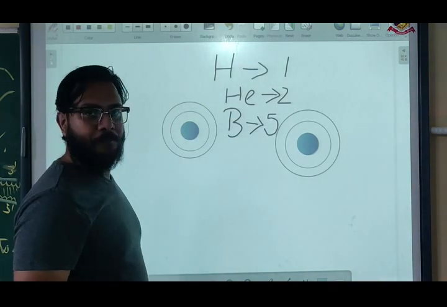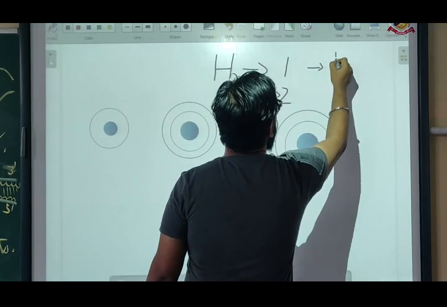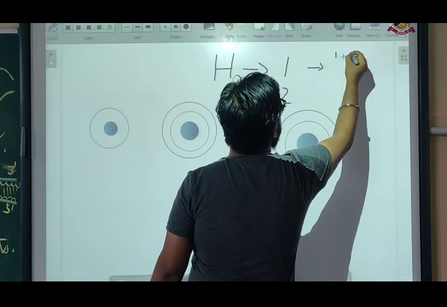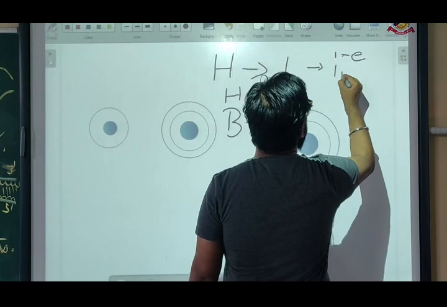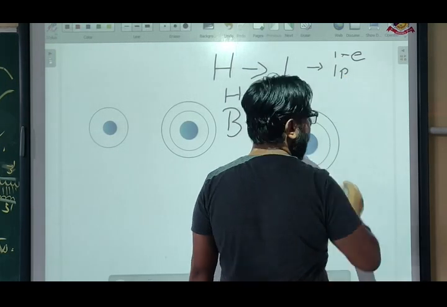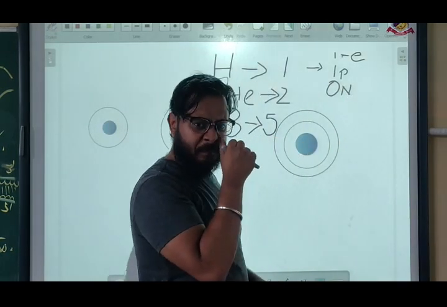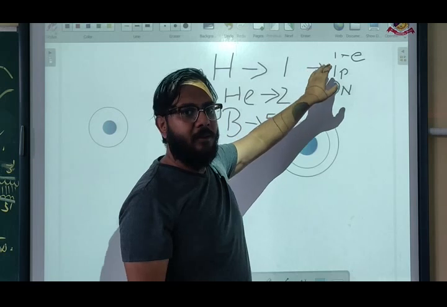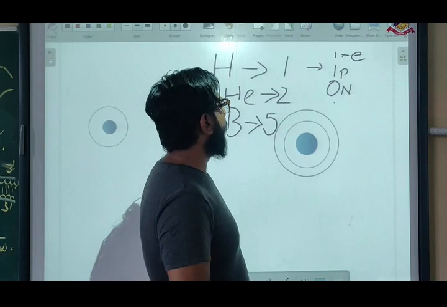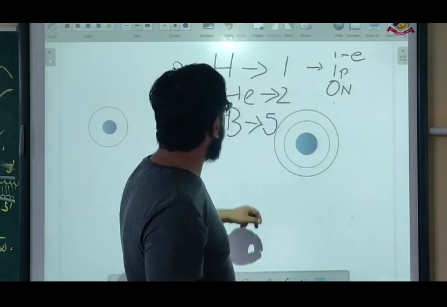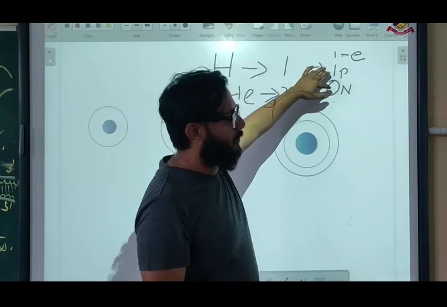So what does it mean? It means that hydrogen has 1 electron, 1 proton, and 0 neutrons. Why? Because the mass of hydrogen is 1. If it were 2, then these two would combine.